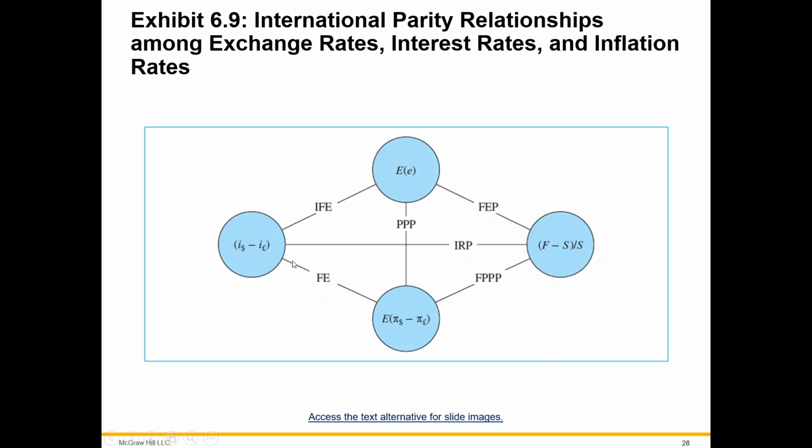And we have the Fisher effect. So we get from this difference in interest rates stemming from a difference in expected inflation, where the assumption is that the real rates are the same, which just means we've got a global market for capital.